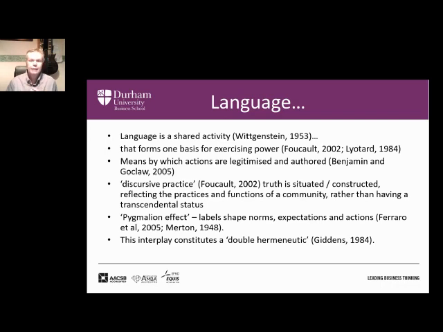That is, it takes place in a certain context, and it reflects that social and cultural context. It's not about a transcendental status. So it's not about mapping a piece of qualitative data onto the world like it would be with content analysis. It's more about understanding the broader context for that text or that talk. So truth is the practices and functions of a community rather than having a transcendental status.